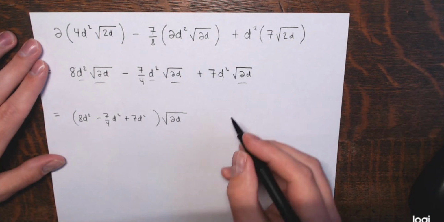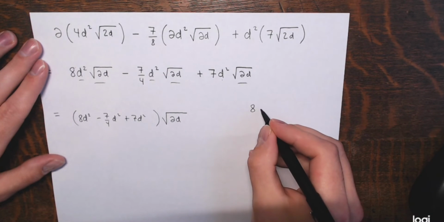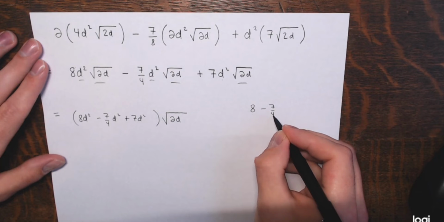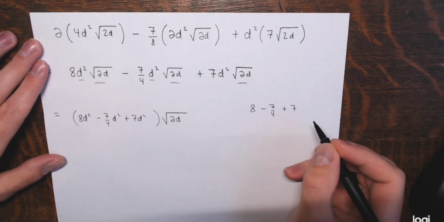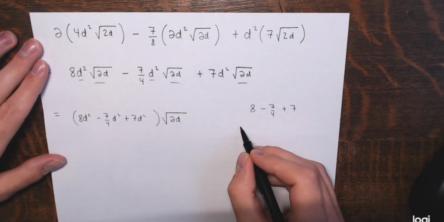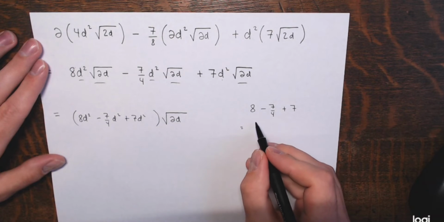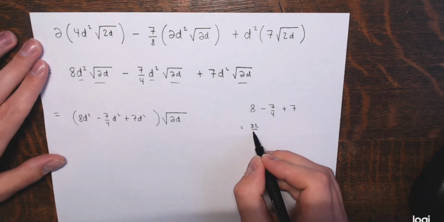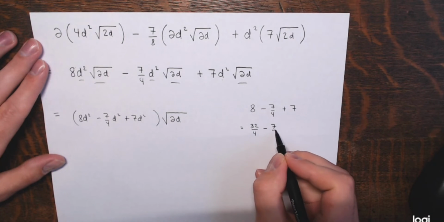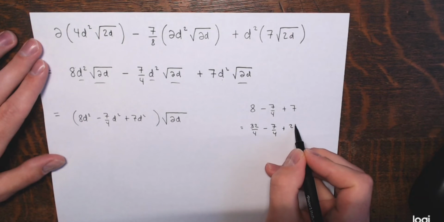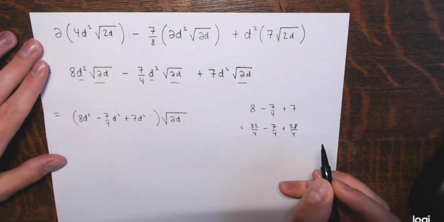Off to the side here, 8 minus 7/4 plus 7 are the numbers we're adding. But I need a common denominator of 4 here. This would be 32 fourths minus 7 fourths plus 28 fourths, when you get a common denominator.